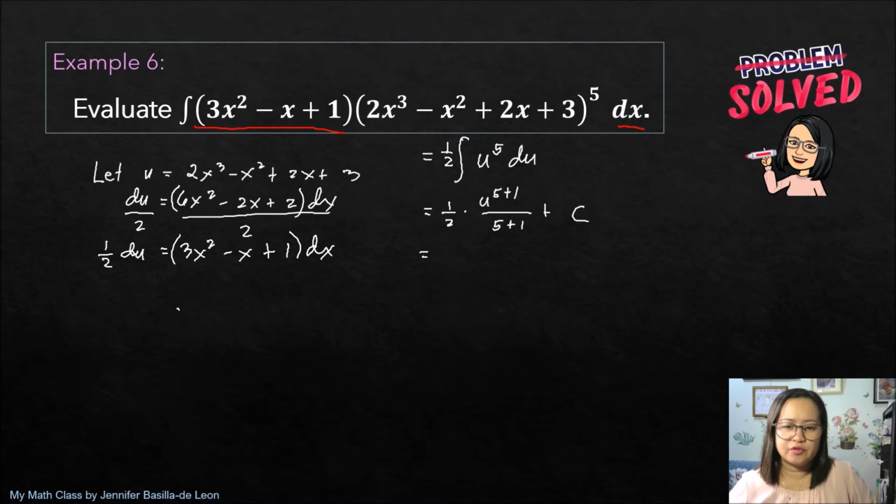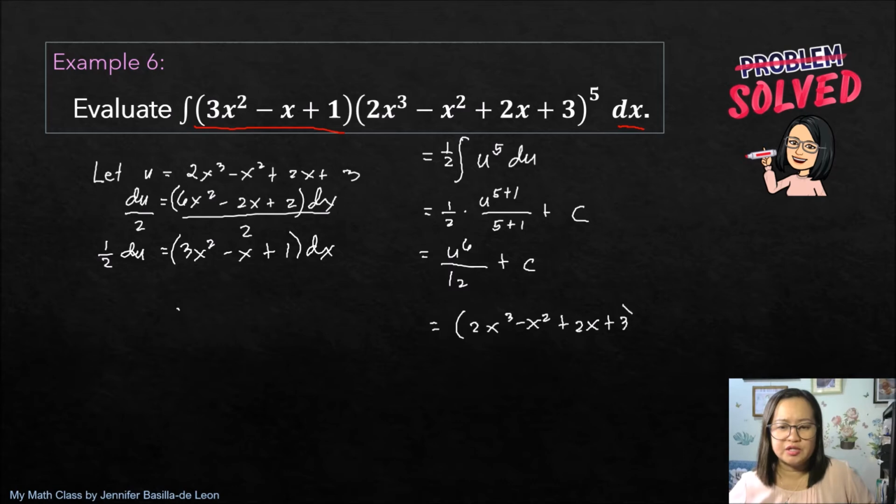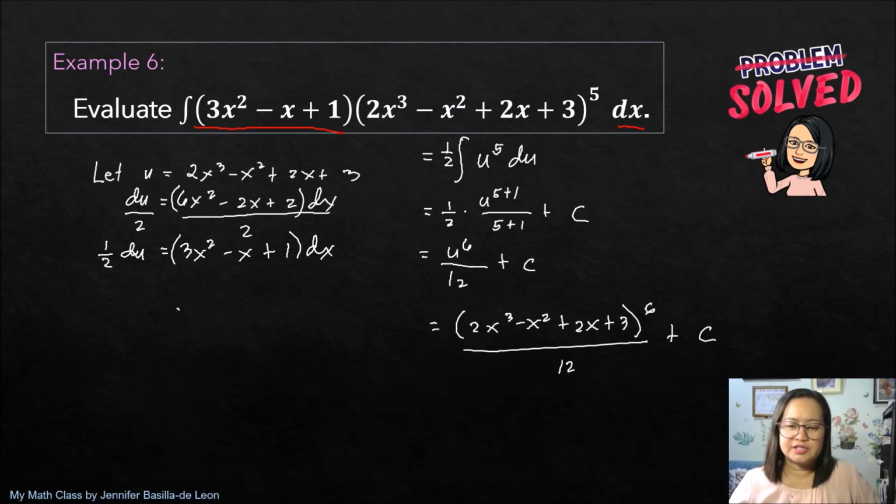So in the numerator we will have u raised to the 6th power, whereas in the denominator we will have 2 times 6, which is 12, plus c. Now replacing u with the original expression, we will have (2x cubed minus x squared plus 2x plus 3) raised to the 6th power all over 12 plus c.